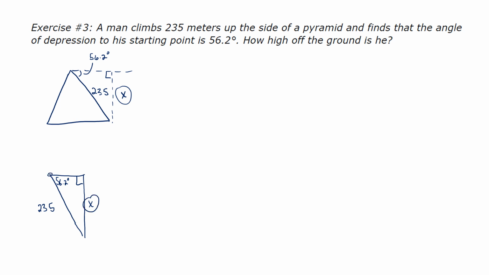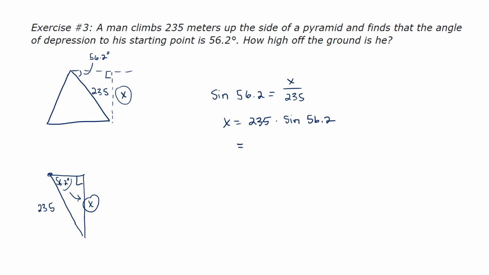So if we're looking from the perspective of our angle here, we have our hypotenuse and we have the side across or opposite our angle. So opposite over hypotenuse would be sine. So we want the sine of 56.2 degrees, which is opposite over hypotenuse. So x would equal 235 times the sine of 56.2 degrees.